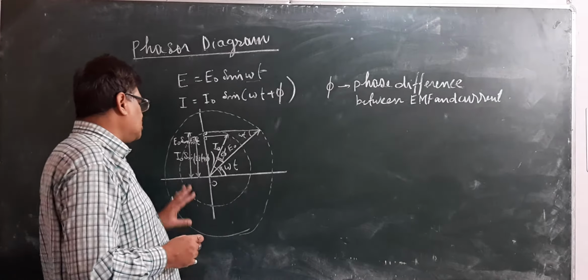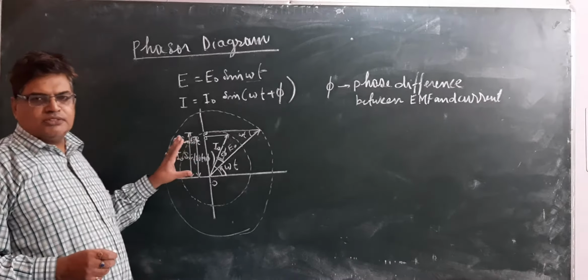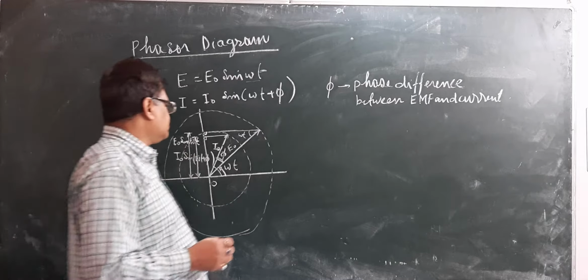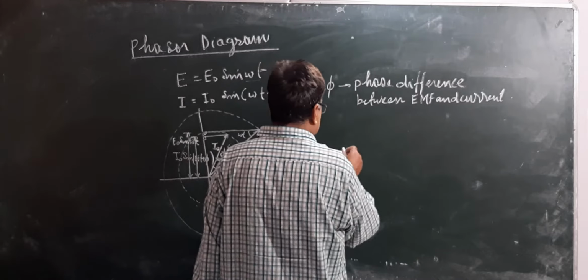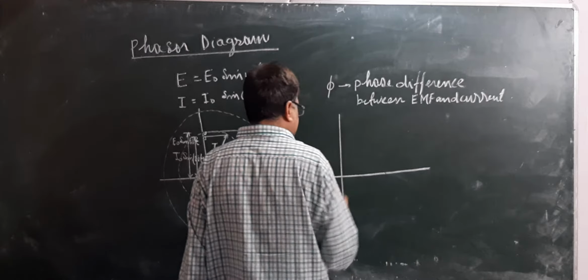We can simply draw the EMF and the current without drawing this circle. Now suppose we draw only these two axes, the x-axis and the y-axis.